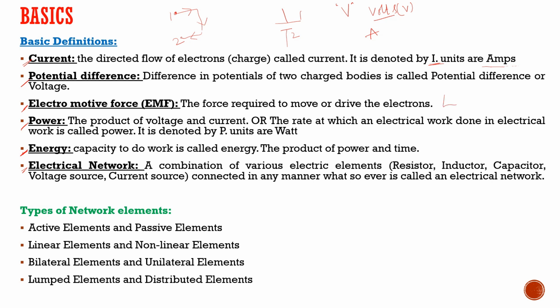This electromotive force is indicated by the letter E. This is very similar to the voltage V. So E or V, EMF or voltage, both are very identical terminologies, and the unit for electromotive force is also volts.